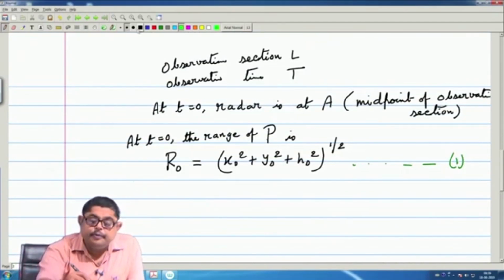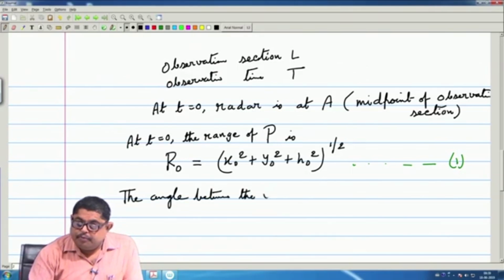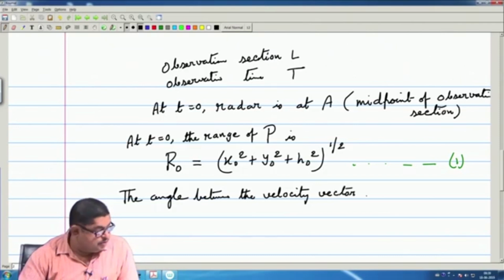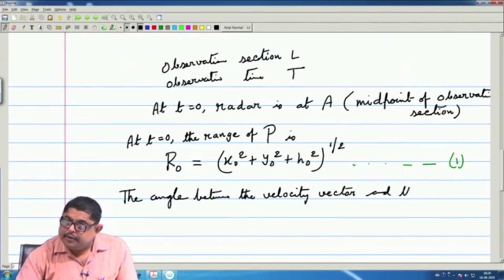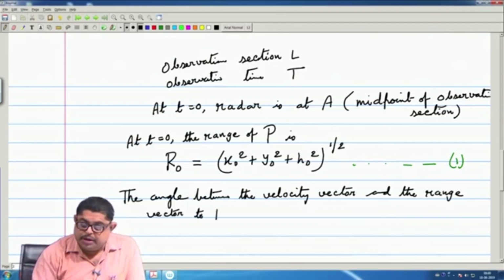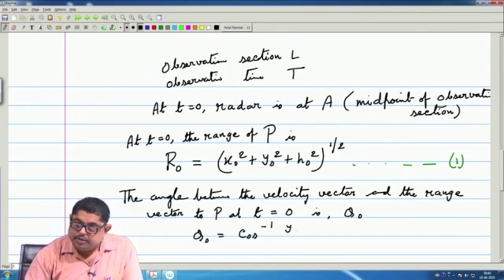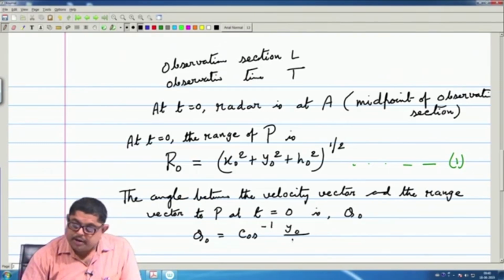The angle between the velocity vector and the range vector to P at t is equal to 0 is theta naught, where theta naught is cos inverse y naught by r naught.